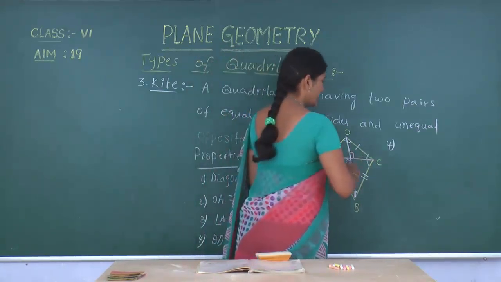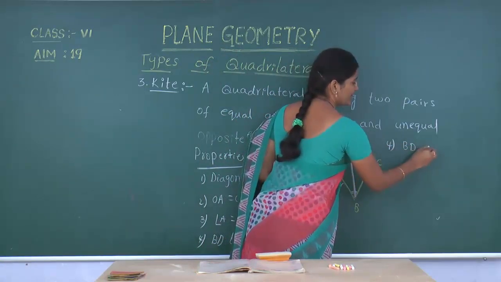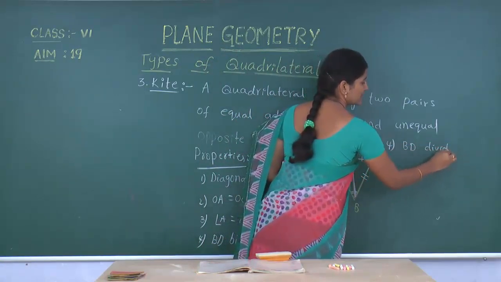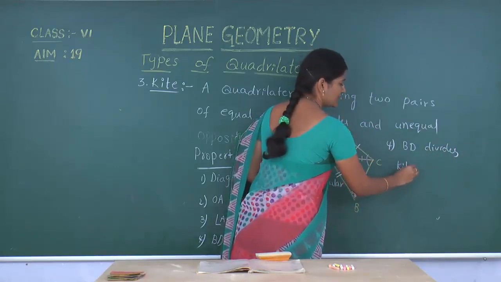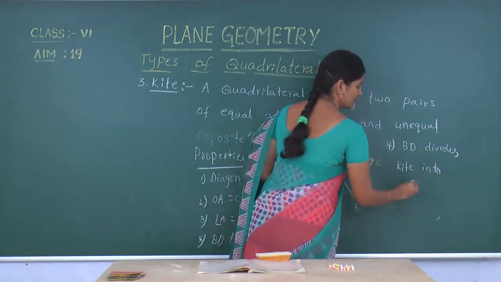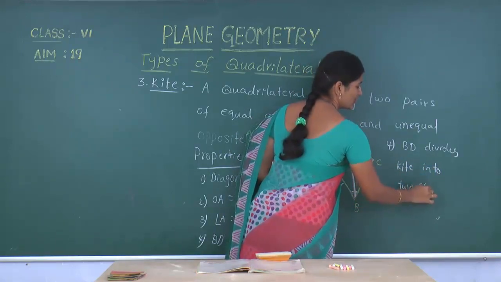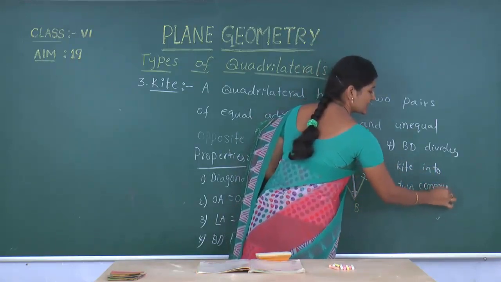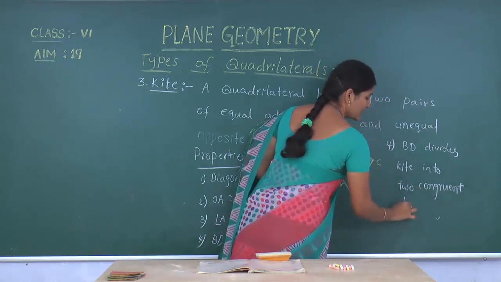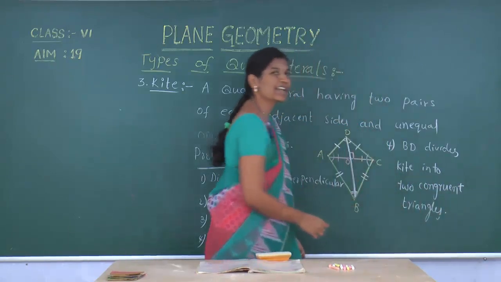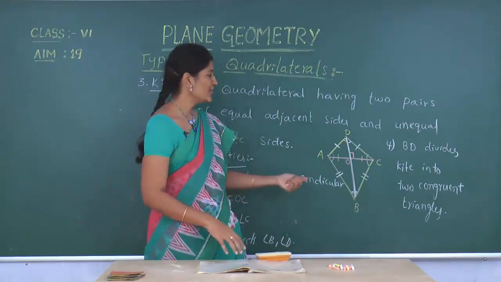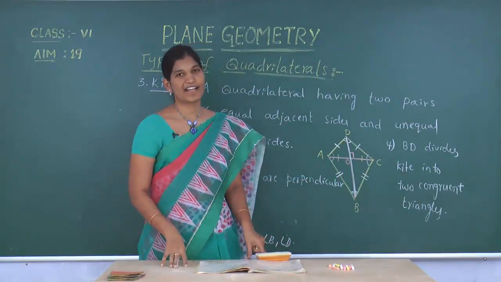Now let me write: BD divides the kite into two congruent triangles. So this is about the kite.